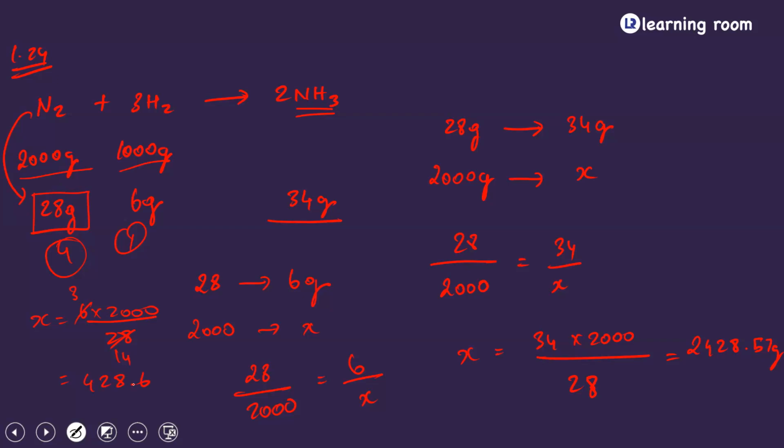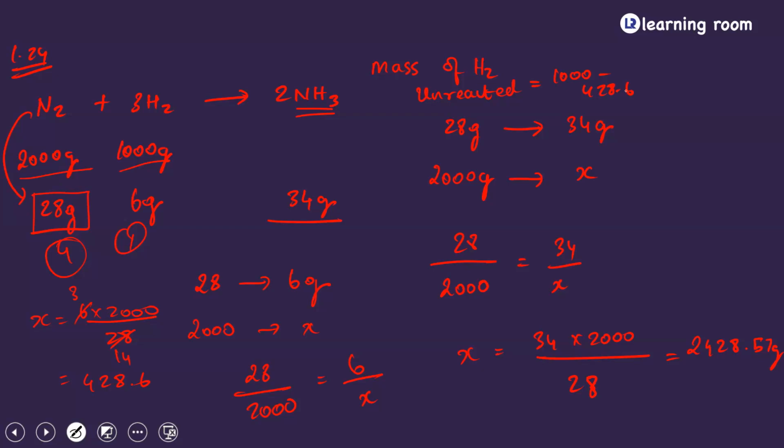This is the mass of hydrogen reacted. So mass of hydrogen unreacted is equal to 1000 minus 428.6. You will get the final answer. Is that clear? Done? Finish it up. Those who have not copied, please copy.